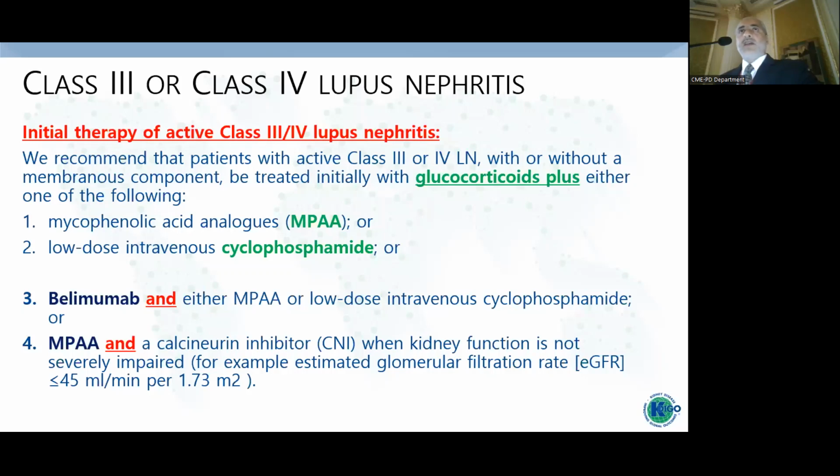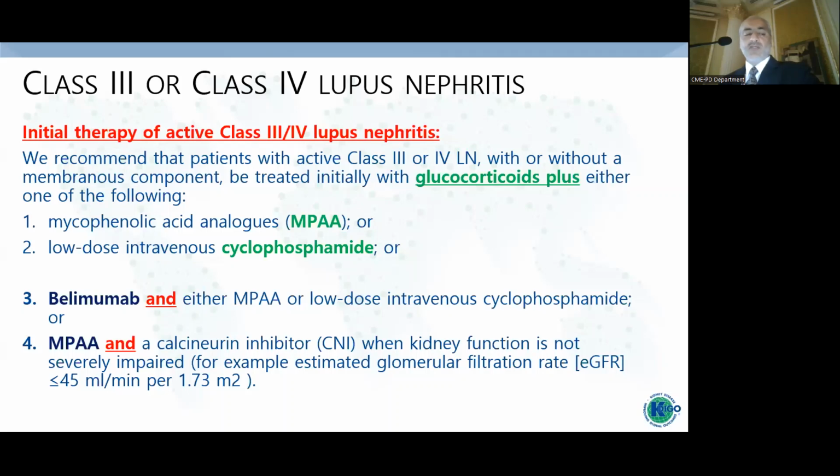But again, the problem with this combination is the risk of high immunosuppression and infection, and the patient should be monitored properly, reducing the risk of infection as much as we can. Another protocol for triple immunosuppression is combining MPA plus calcineurin inhibitors in patients with normal kidney function and estimated GFR more than 45 milliliters per minute.